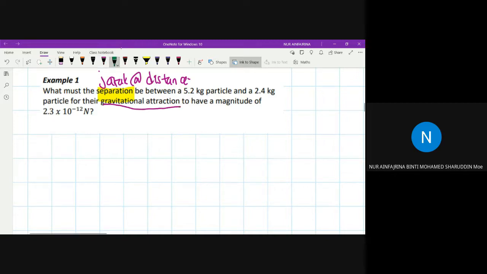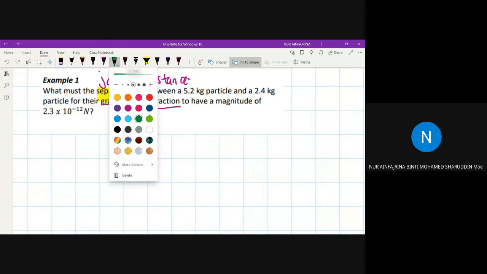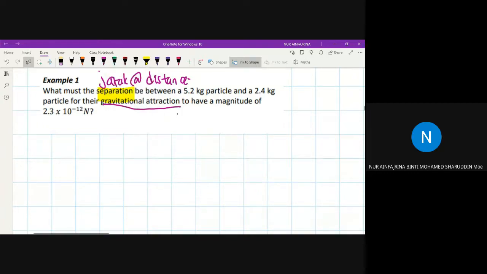Anyone? Force G. Very good. Dia adalah gravitational force. Okay, sekarang dia dah bagi tahu magnitude of your gravitational force is 2.3 times 10 to power of negative 12 Newton. Now, you nak cari jarak and distance dia. You sebenarnya nak cari dia punya R.